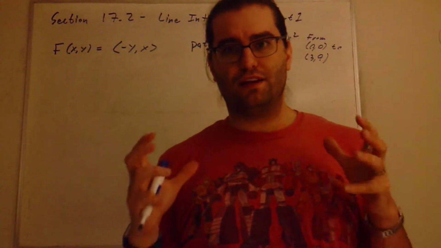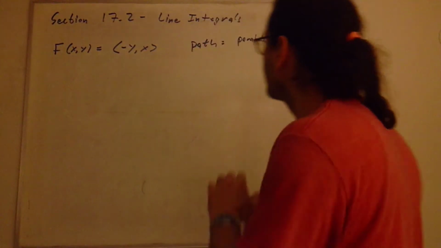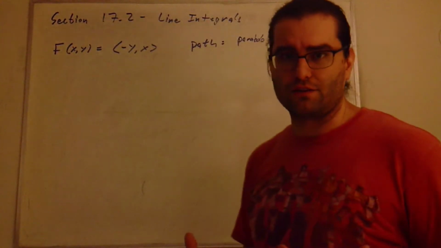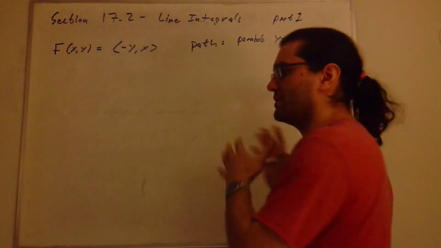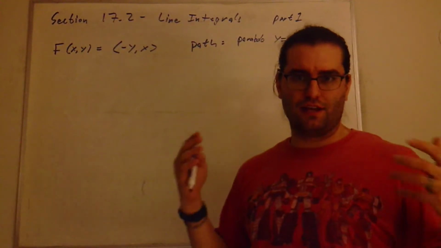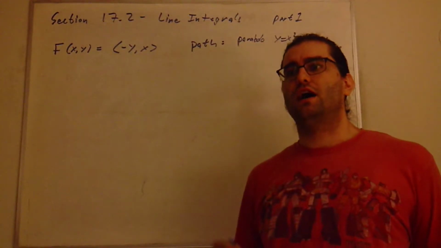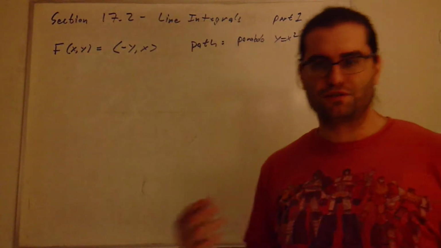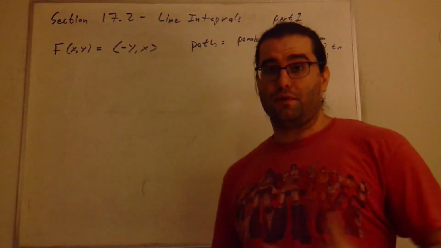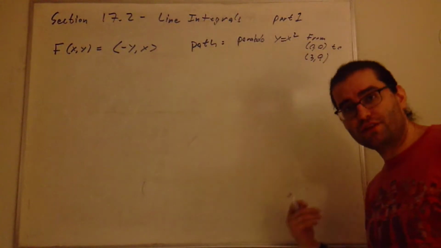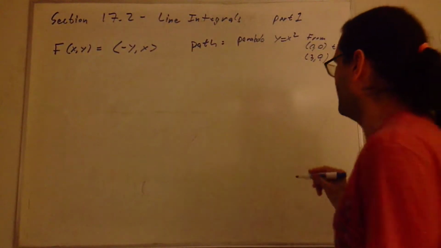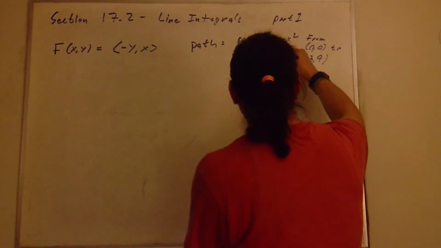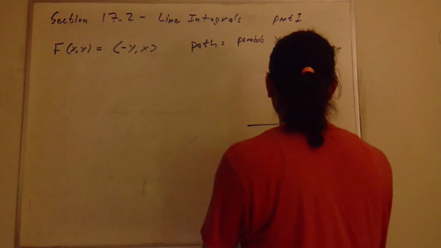So, how do we do a line integral? Before we actually start working at the line integral, the thing that I want to do first is not actually an integral part of the process. I just want to do it first for this particular example because I feel like it might help you understand what's happening and why we're doing what we're doing. So for this one in particular, I'm going to draw a bit of a picture. We have a vector field.